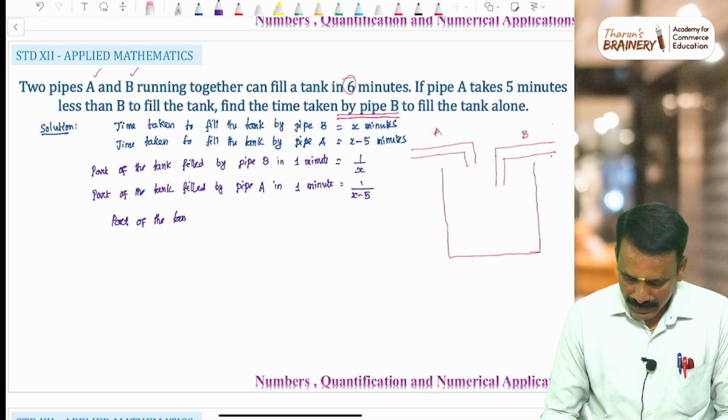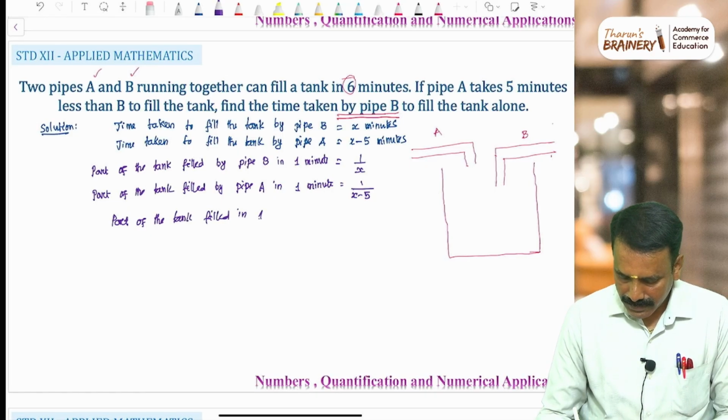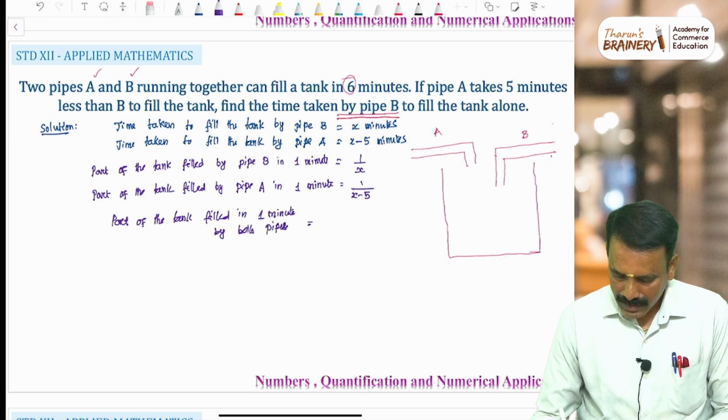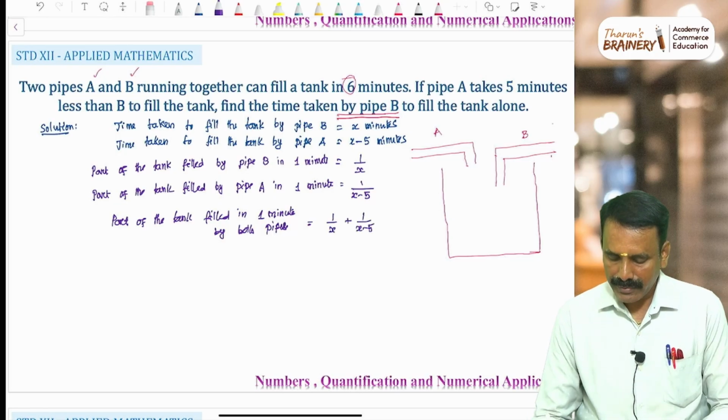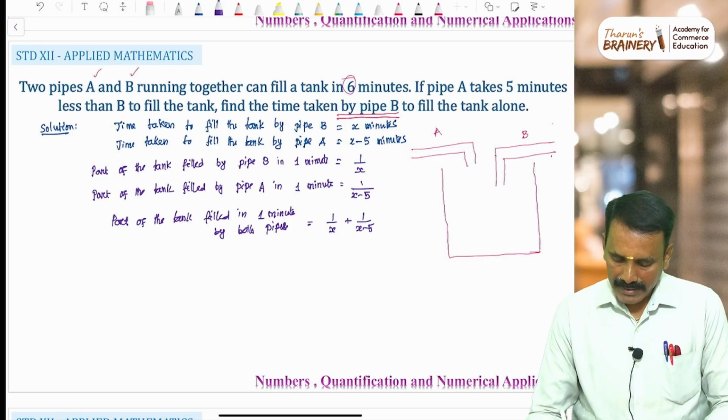Now both the pipes are operated together, then part of the tank filled in 1 minute by both the pipes is equal to 1 by x plus 1 by x minus 5. We try to take LCM.